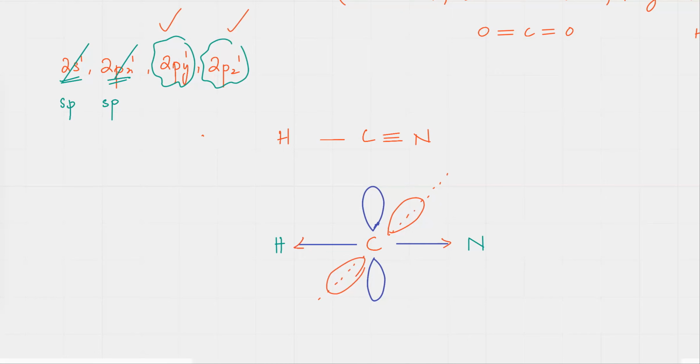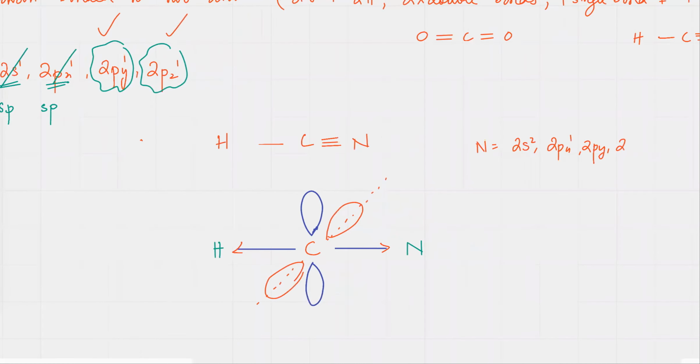Now remember, nitrogen has spare orbitals. If you look at the electronic configuration of nitrogen, the outer shell is 2s2. Its 2px is empty, 2py is empty, and it's got a 2pz that's also empty. Nitrogen has three orbitals that need electrons.